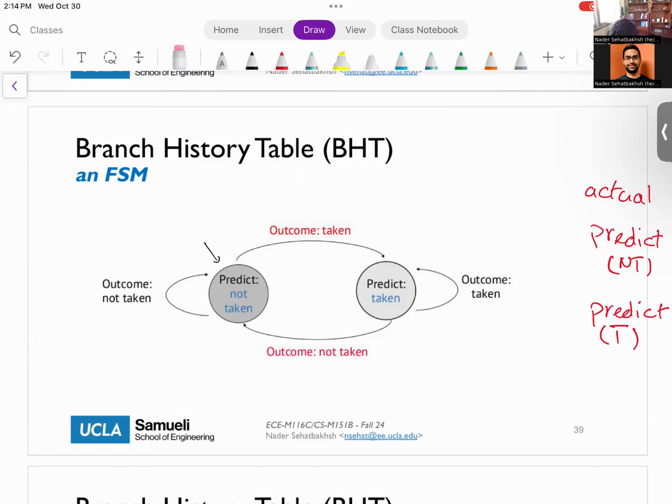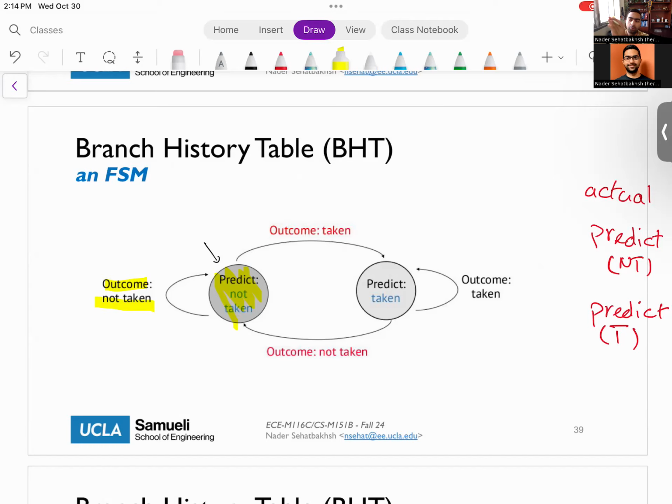So that's the prediction. Another thing that we do is that based on the actual outcome of the branch, we're going to make some decisions on what should be the next state. So in the predict not taken state, we predict not taken, and now we see the actual outcome. During the fetch stage, we're going to predict not taken.